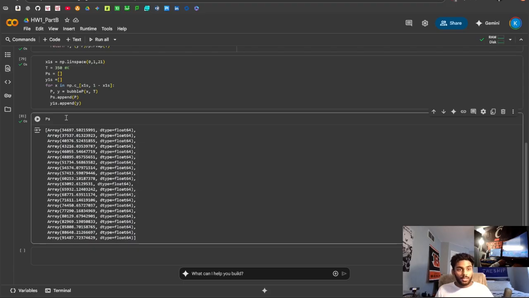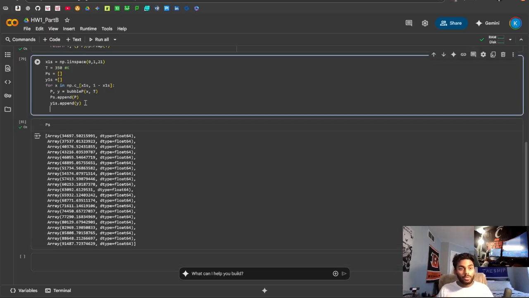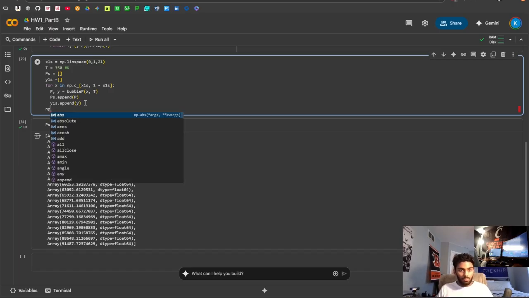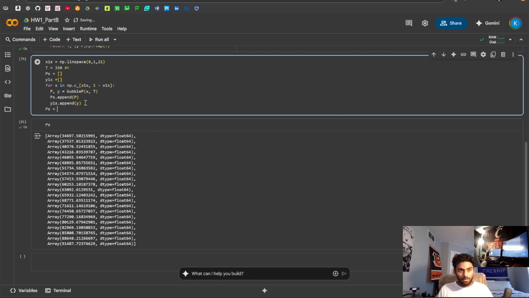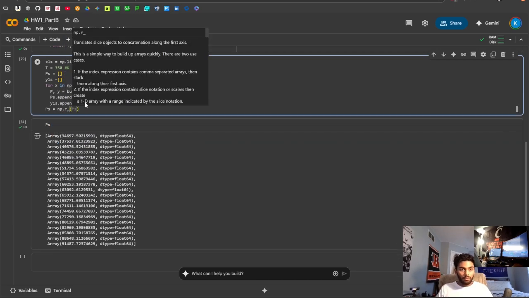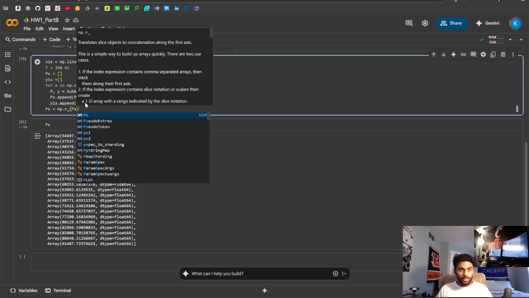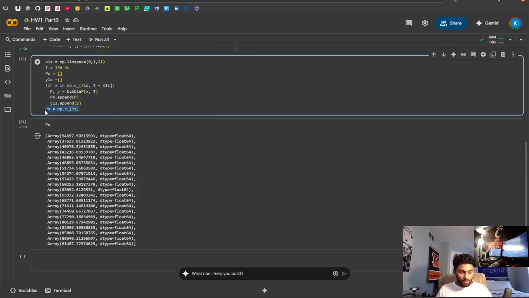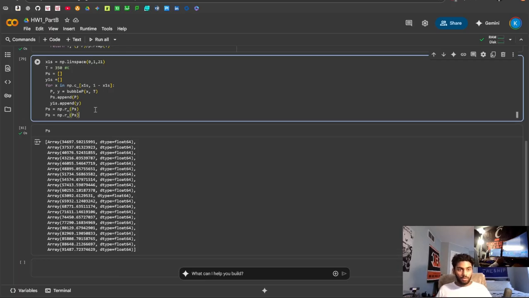But if we want to be able to plot this out, we want it to all be in a list in one array. So one way we can do that is we'll redefine our p's. So np.row_stack of our p's array, and we'll do the same thing for our y1s.